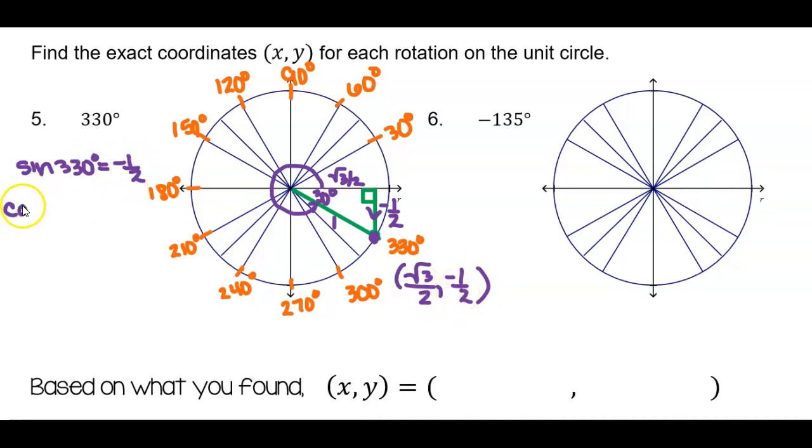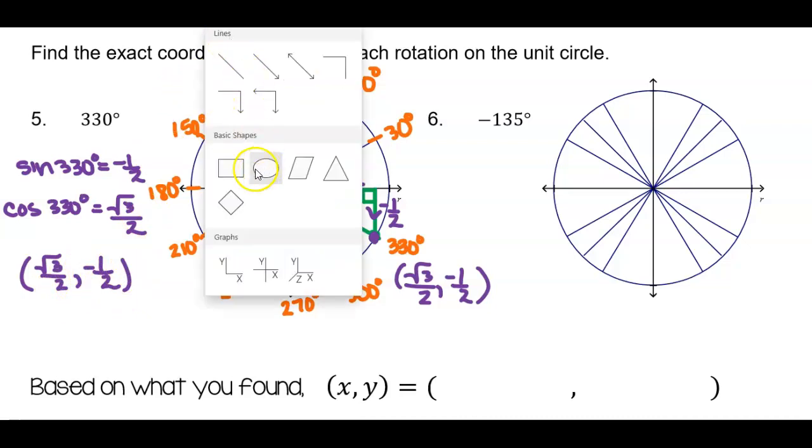And if I asked you what the cosine of 330 degrees is, that would be √3/2. But again, they're asking you for the coordinate of this rotation, which would be (√3/2, -1/2). So that is what they are looking for in this particular problem.